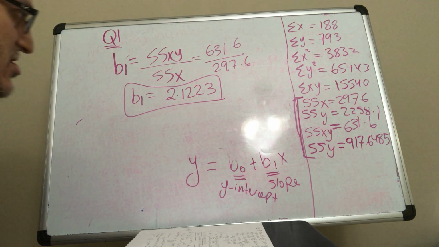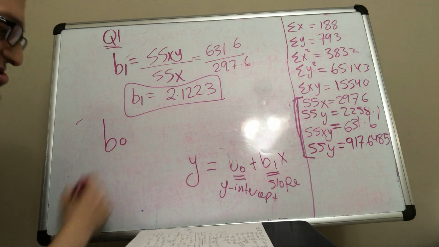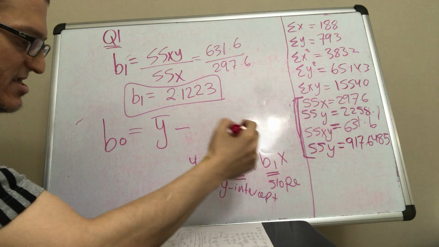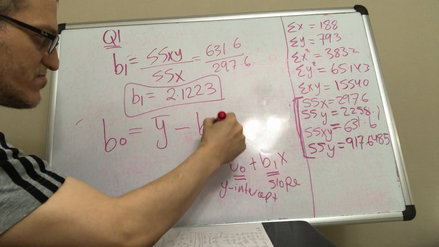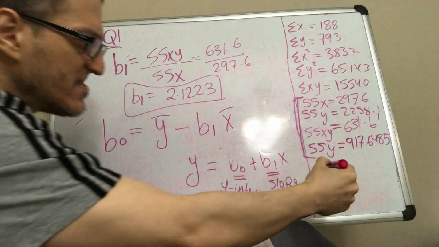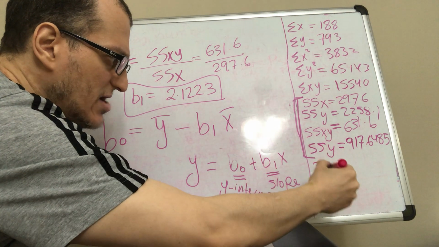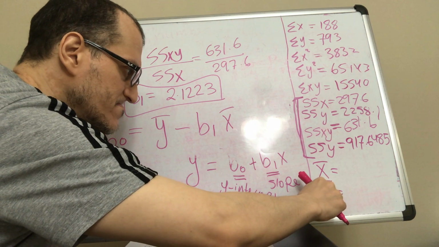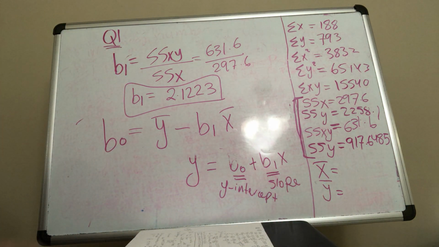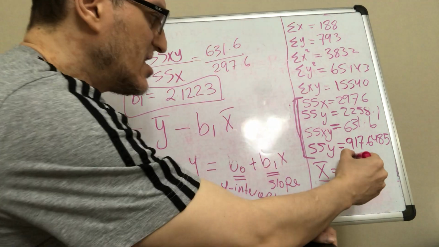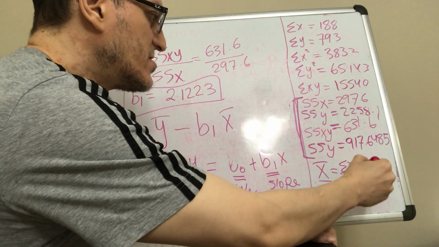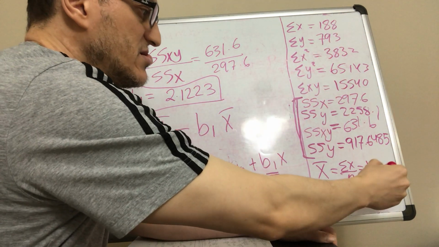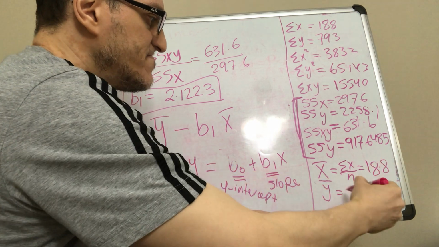And once you do the slope, you can find your B0. That's basically average of y minus the slope times average of x. So it's a good thing to put the two averages here, average y and average x. Average x would be the sum of x over n, so this number over 10, your average is 18.8.